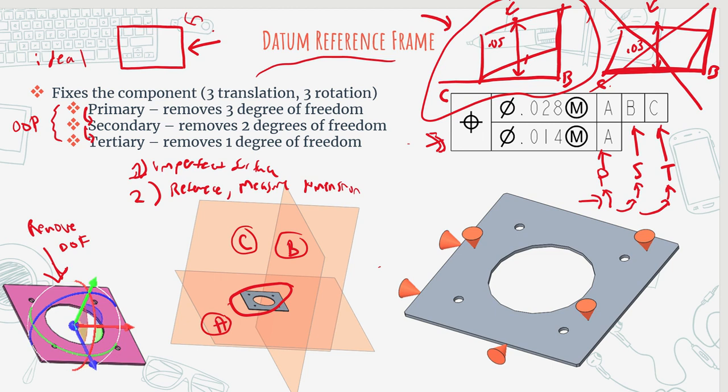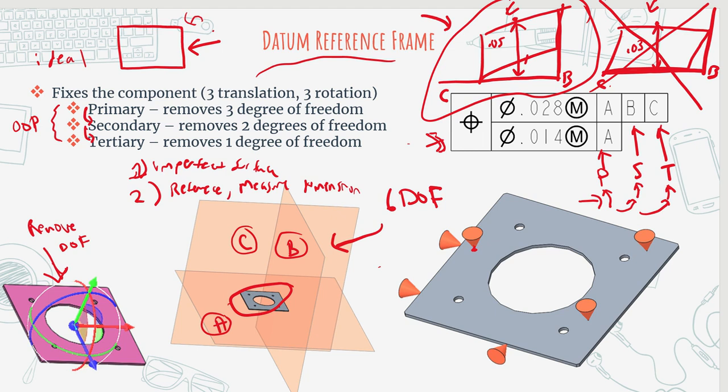So you want to effectively remove 6 degrees of freedom. So defining 3 planes definitely removes 6 degrees of freedom, but technically you only need 6 points defined on your object in order to remove your 6 degrees of freedom.